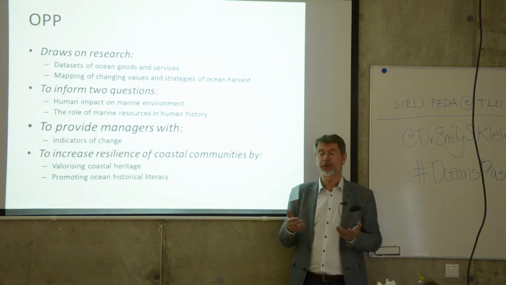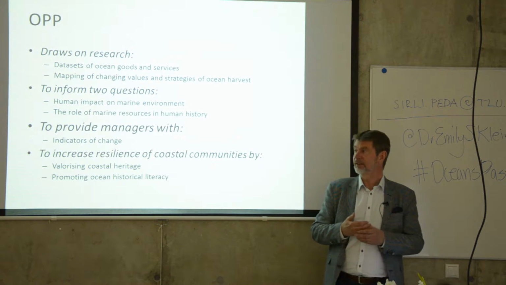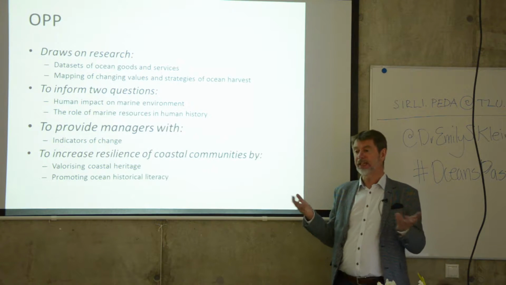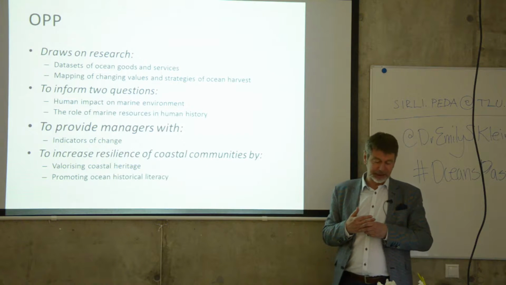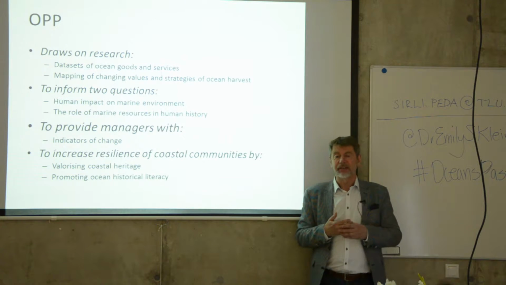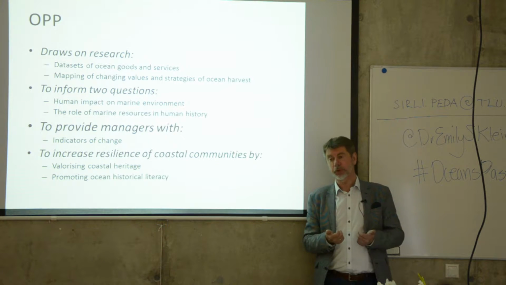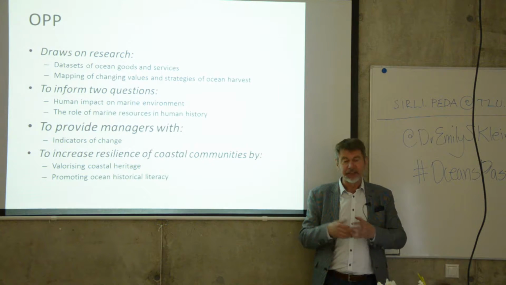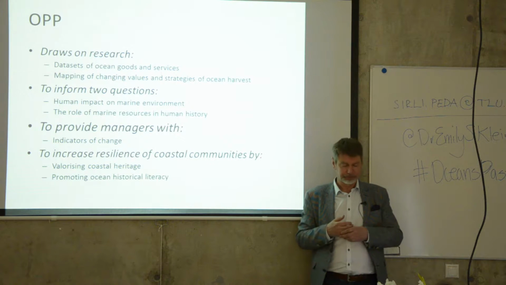So Oceans Past platform draws on the research you already are doing, especially with a focus on making available data sets of ocean goods and services, mapping of changing values and strategies of ocean harvest, to inform 2 questions: the human impact on the marine environment and the role of marine resources in human history.